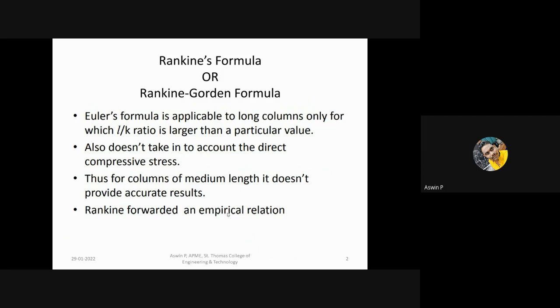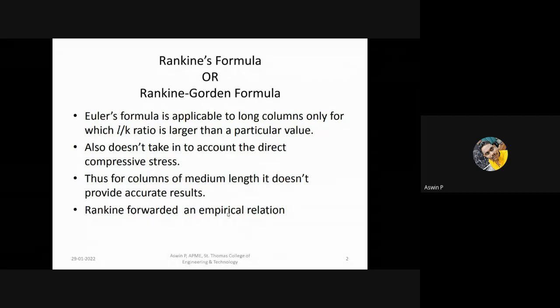But when we are taking short columns, we cannot use Euler's formula. As we have Euler's formula, pi square EI by LE square, if the column length is short, that is LE small, then automatically the crippling load will increase to a larger number.